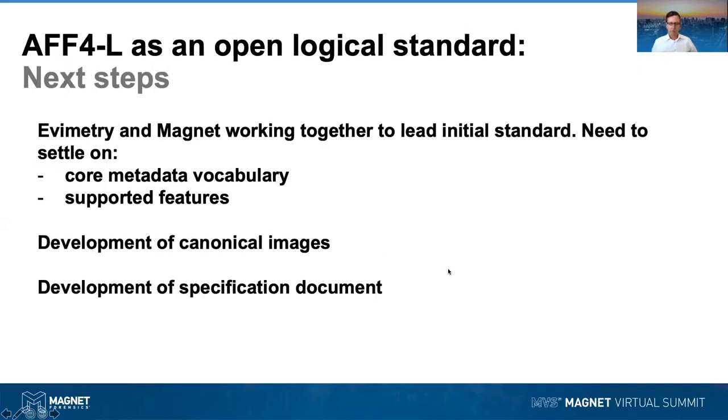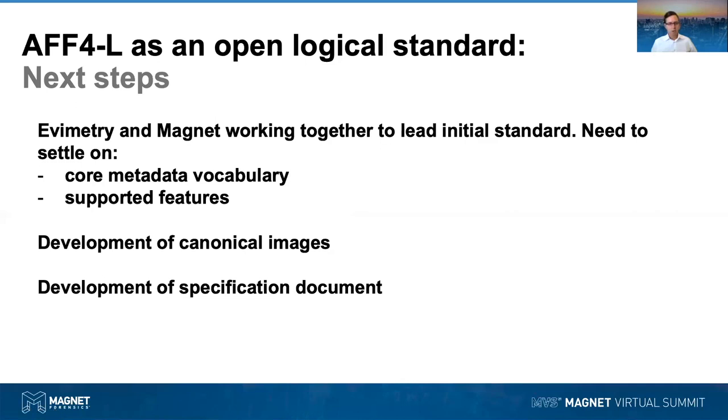So what are our next steps? Evimetry and Magnet, we're both working together to lead the initial standard. The final things we really need to settle on are what the core metadata vocabulary will include and which supported features will form a core part of it. That really comes down to whether or not both maps and zip file segments are supported.